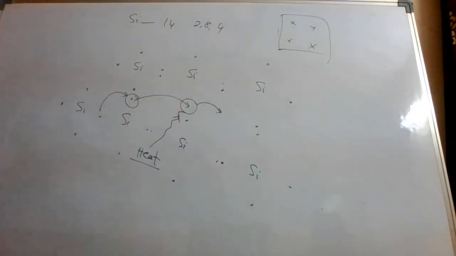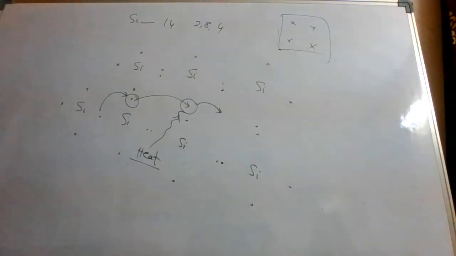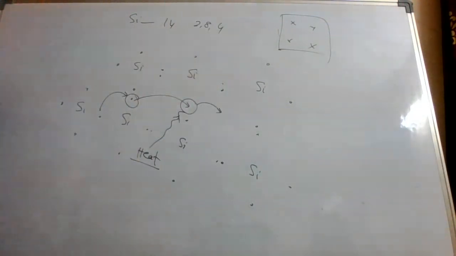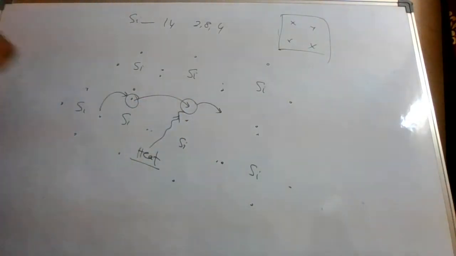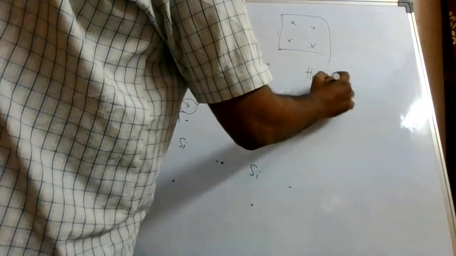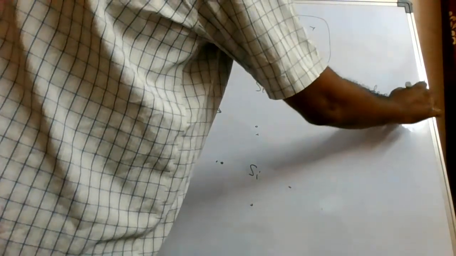At normal room temperature they won't behave like conductors. When you provided heat energy, one particular electron moved, then somebody else replaced it, then somebody else replaced it. If you provide more energy, the conduction will increase. So what is happening? You are increasing heat, the conduction is going up.